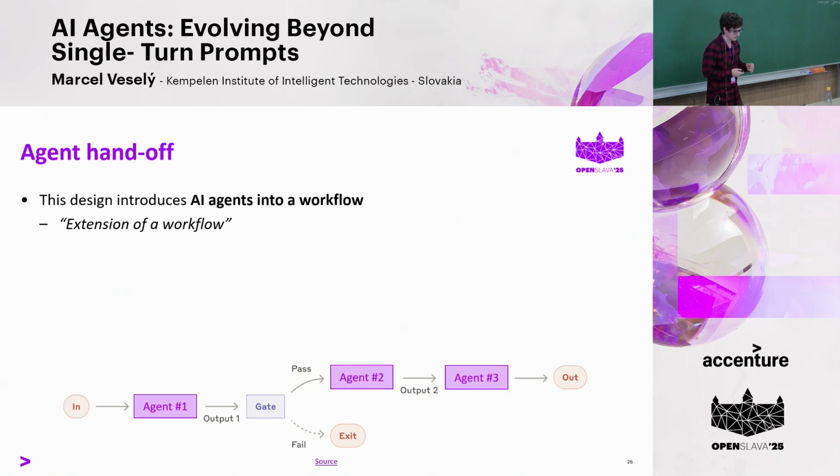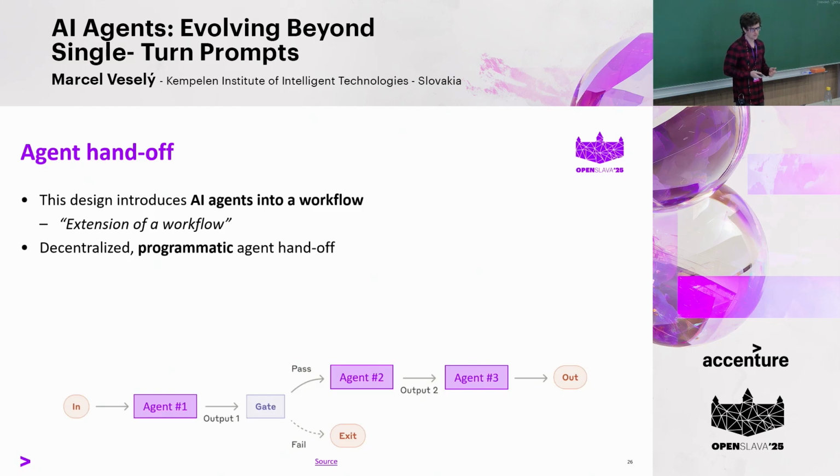And that's about it. Obviously, each agent in this diagram, agent 1, for instance, could actually be a multi-agent system. But at the end of the day, there's one main router, one main agent that behaves as some kind of interface within this pipeline. This orchestration pattern is decentralized and performed programmatically.